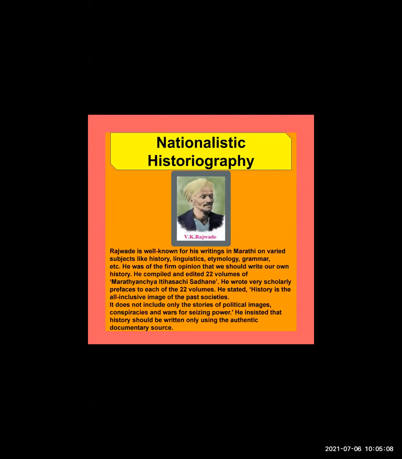Rajwade is well known for his writings in Marathi on varied subjects like history, linguistics, etymology, grammar, etc. Etymology means the study of the origins and history of words and their meanings: from where a word has come, what is its meaning, what is its history.